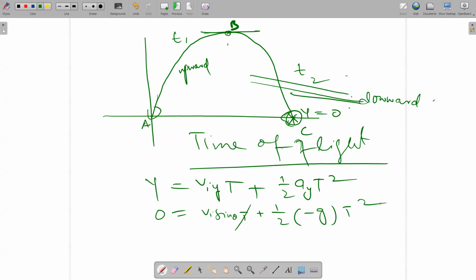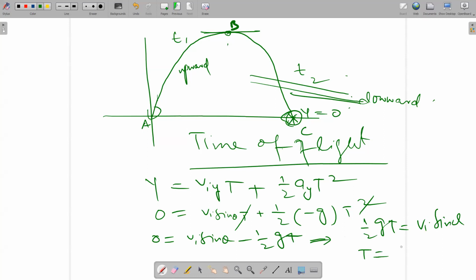Here you can cancel this t, and 0 is equal to Vi sine of theta minus 1/2 gt. From this equation, 1/2 gt is equal to Vi sine of theta, and t is equal to 2 Vi sine of theta over g. So one time is for upward, that is Vi sine of theta over g, where theta is the angle of this velocity.